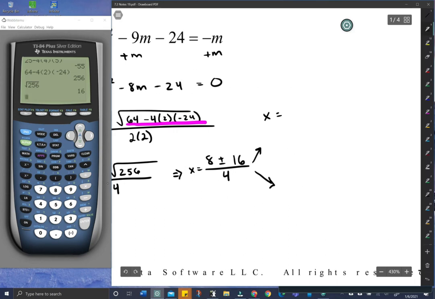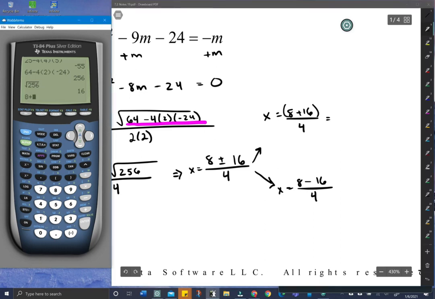Do the addition or subtraction first. So we got 24 over 4, which is 6. And 8 minus 16, yes, it's negative 8, divided by 4 is going to be negative 2. So those are the two solutions.